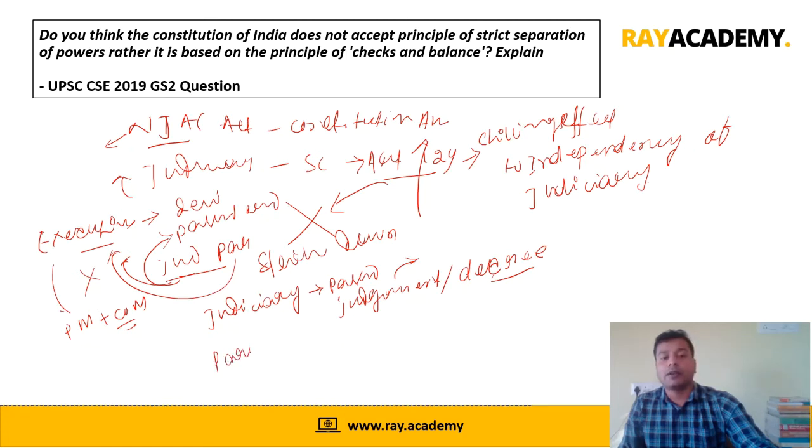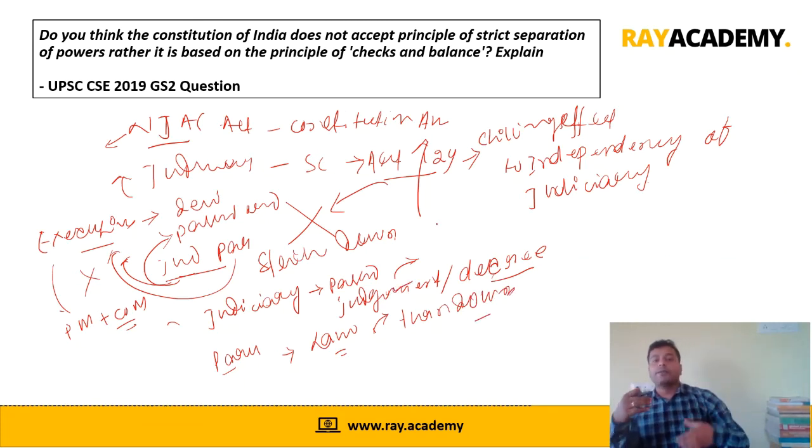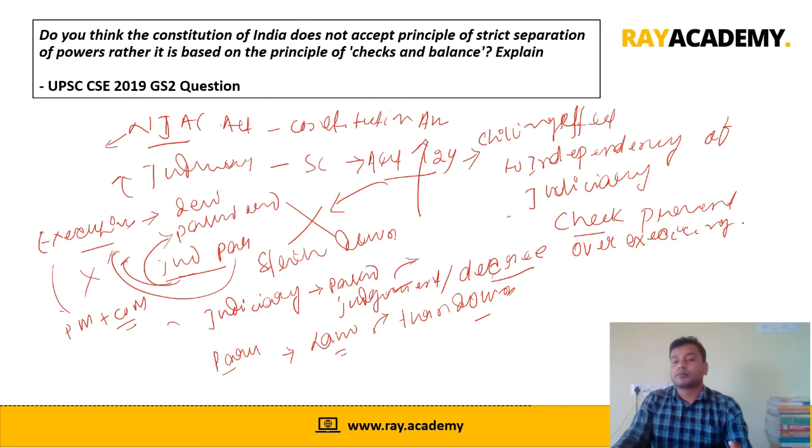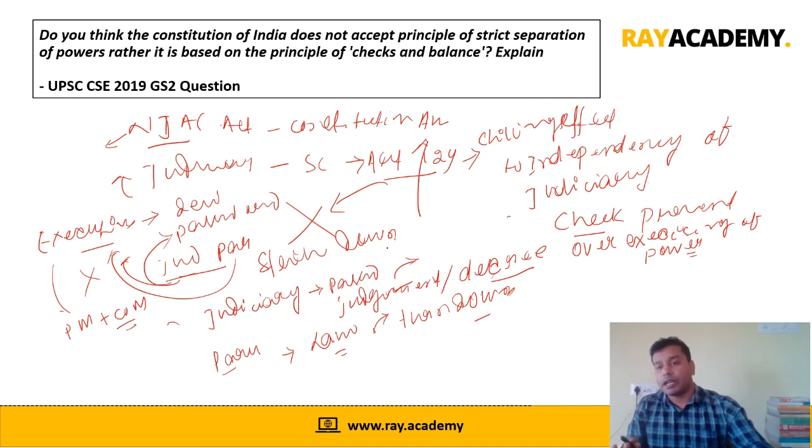Parliament or the executive can create a law and turn down that particular judgment. The objective is very clear. Why do they have the power to check it? So that they can prevent the over-exercising of power. Am I clear?